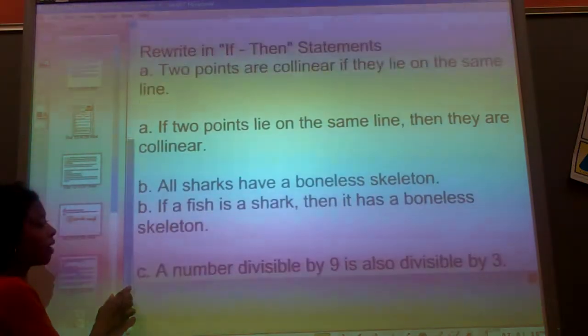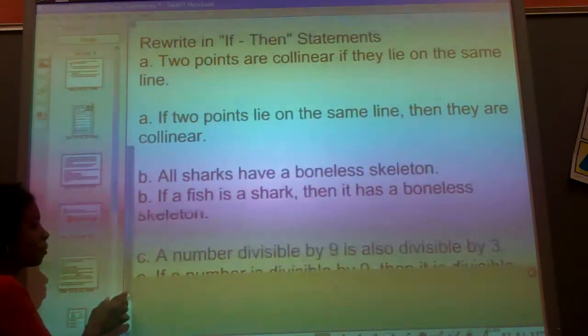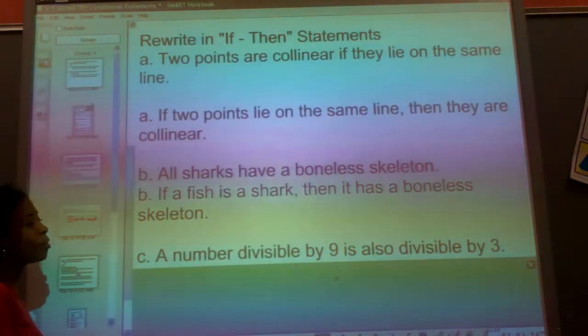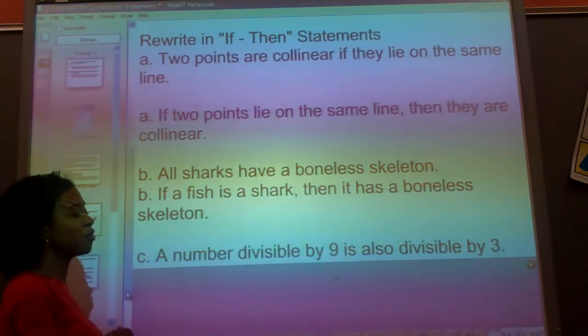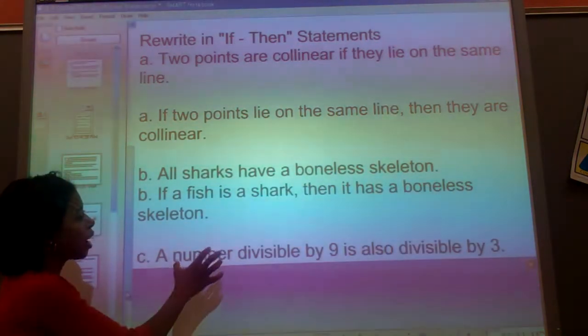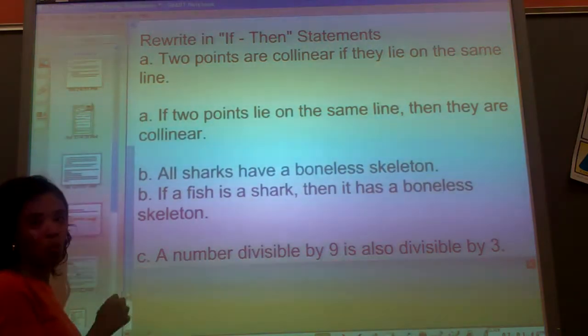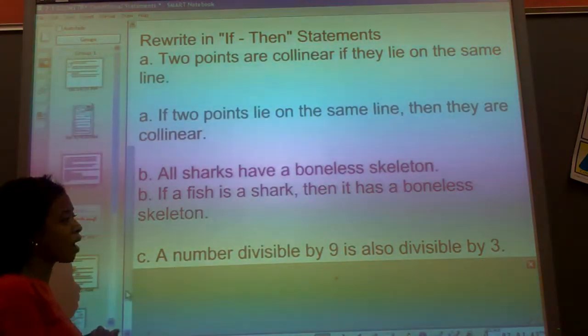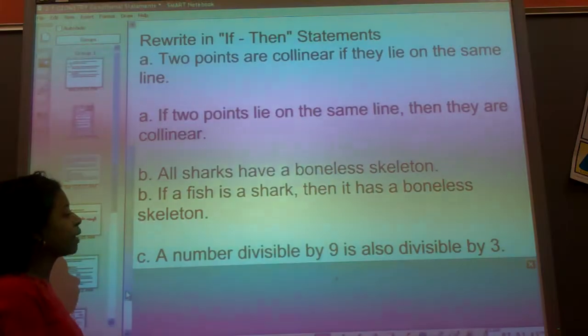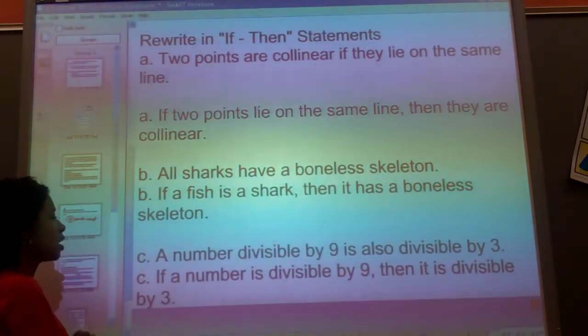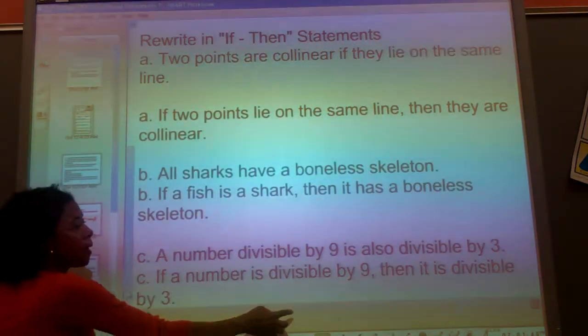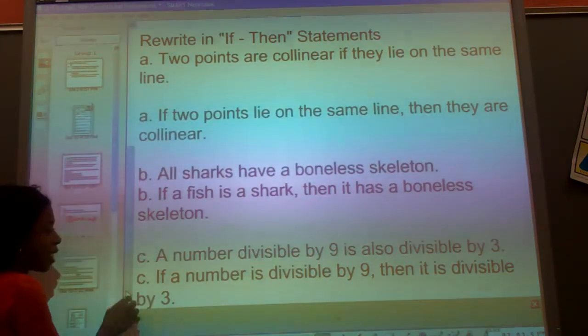And finally, if you'd like to try C, dealing with math, a number divisible by 9 is also divisible by 3. You have to be careful with this one because one way you write it will be true and the other way will be false. Here's the answer. If a number is divisible by 9, then it is divisible by 3.